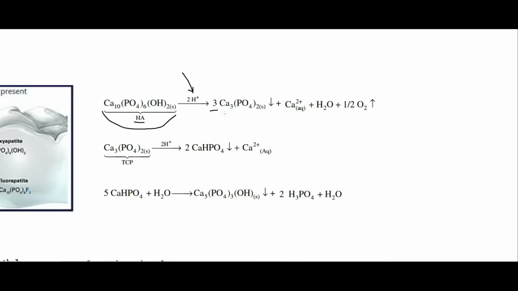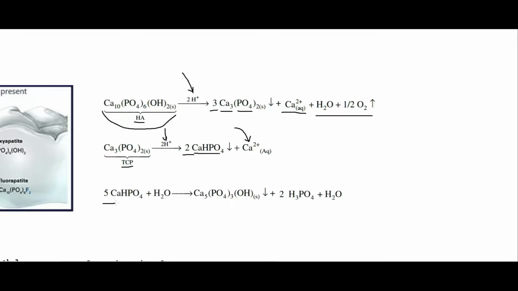So it's breaking into three pieces. We have calcium 3 and phosphate 2, and we're losing a single calcium into solution plus water and some oxygen. Then we have our tricalcium phosphate here. We still have acid present, and so this actually breaks into two things: these two single calcium phosphates here, and another calcium goes into solution.